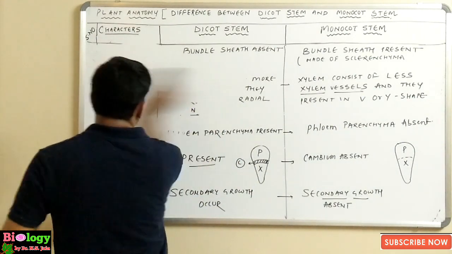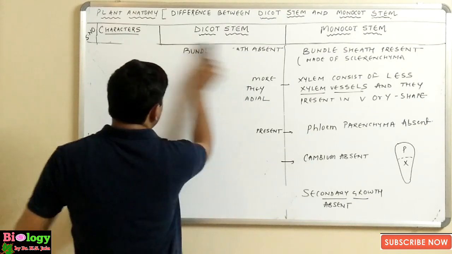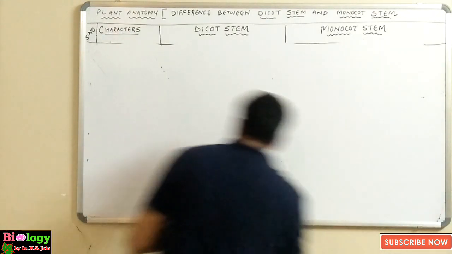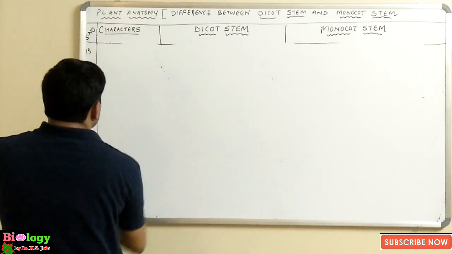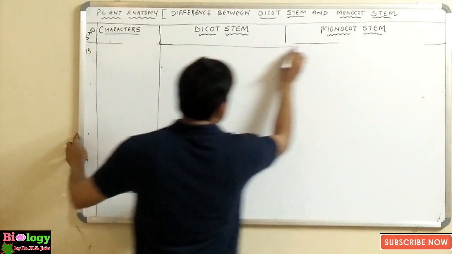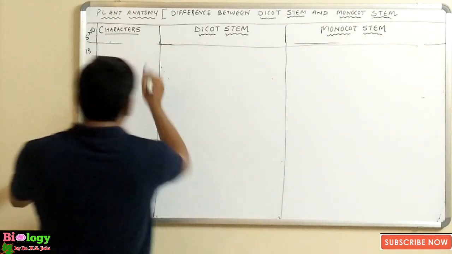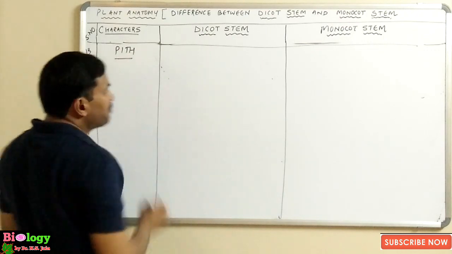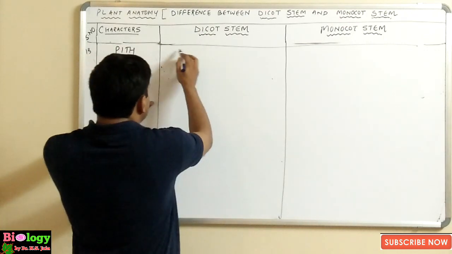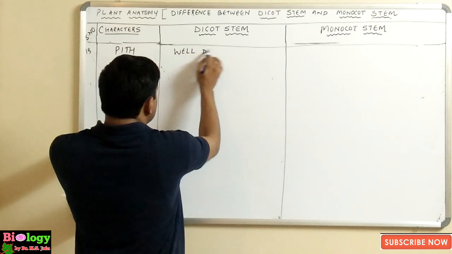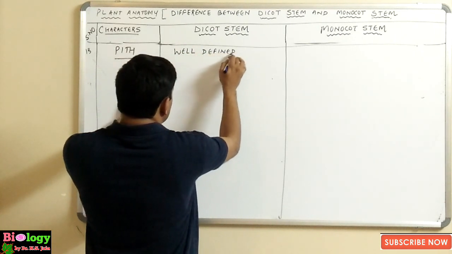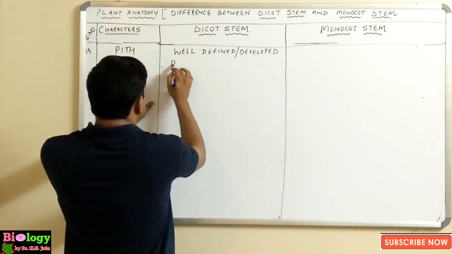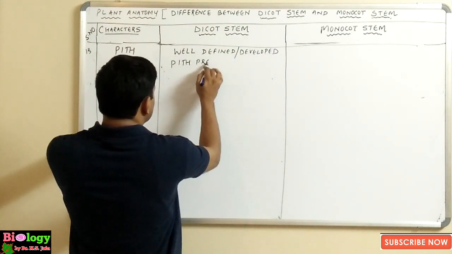Now coming to the next few points between the dicot stem and the monocot stem. Now point number 13. See, now coming to the next one, that is pith, whether the pith is present in the dicot stem or not. So here a well defined, means well developed, pith is present.